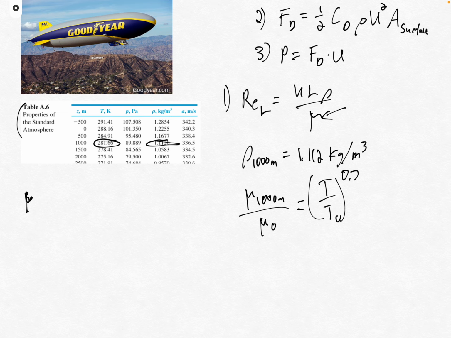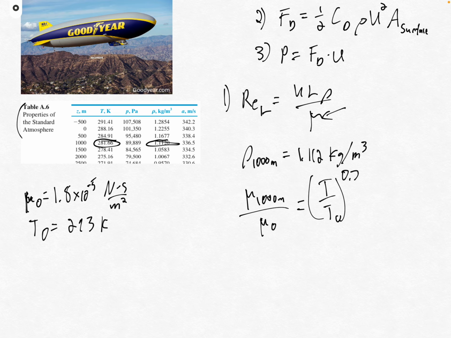We'll say mu naught is equal to 1.8 times 10 to the minus 5, and T naught is 293 K, all in Kelvin.